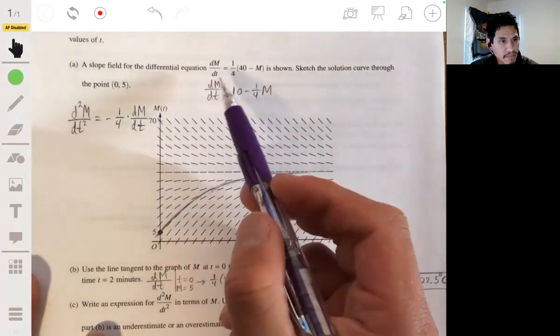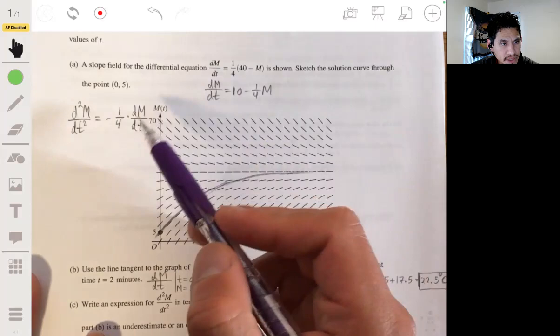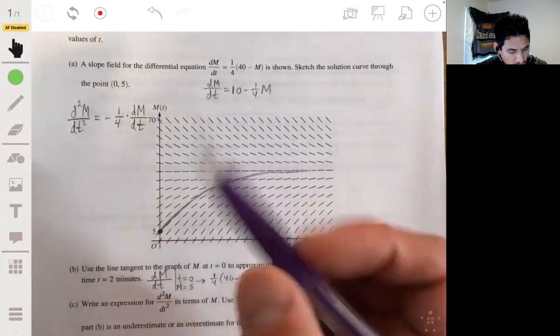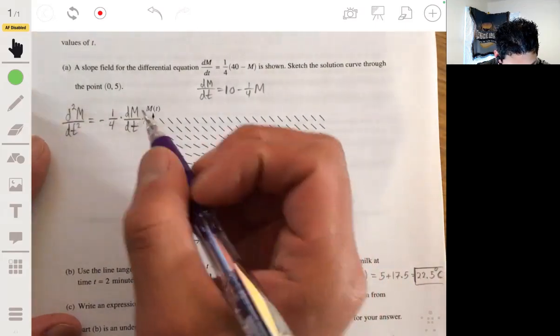And then we plug this whole thing back into here, which is kind of interesting. It's kind of weird to think about, but that's what it is.